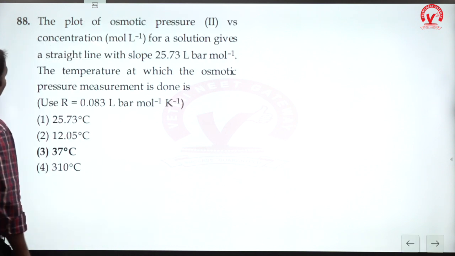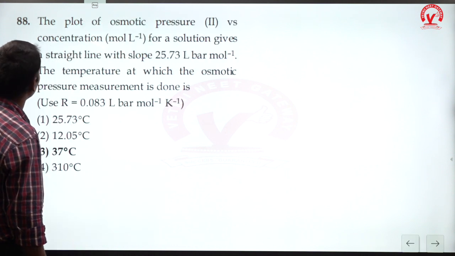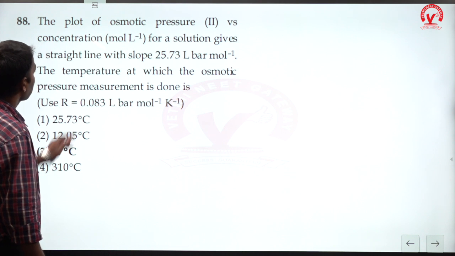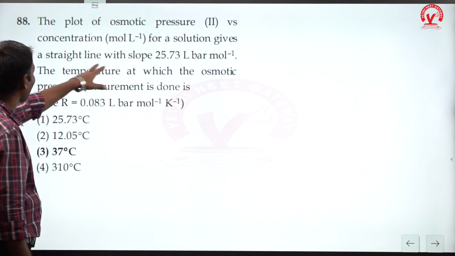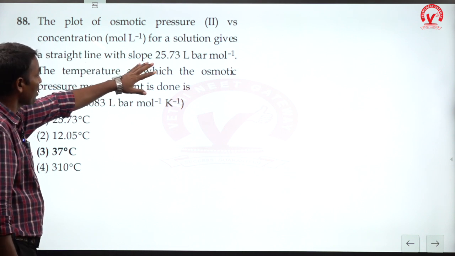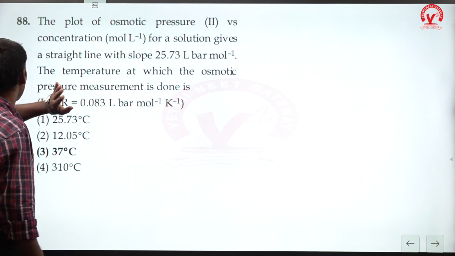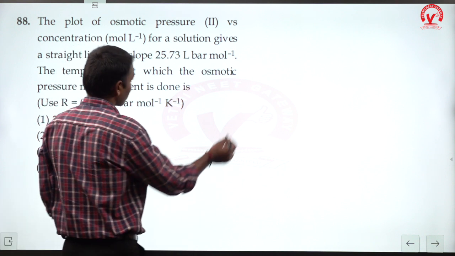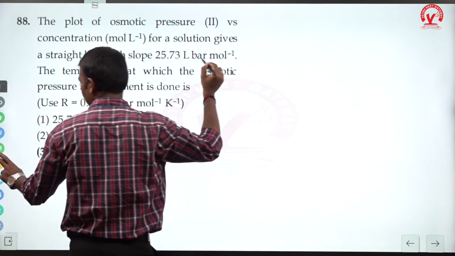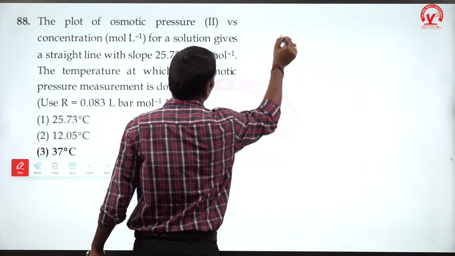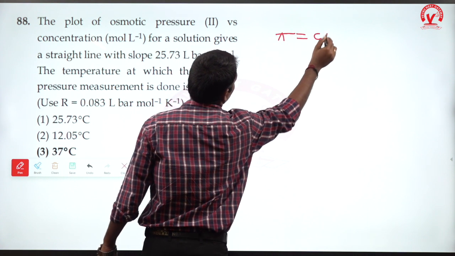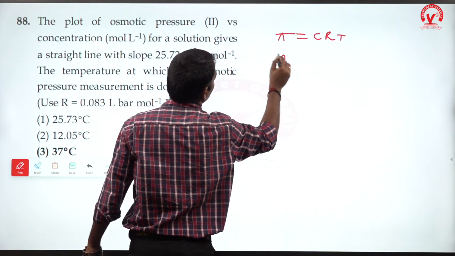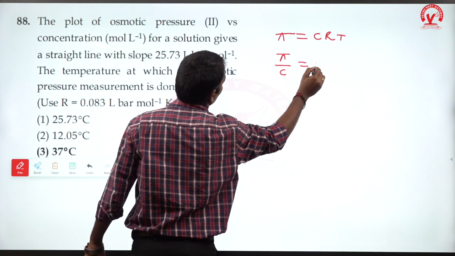Then question number 88. The plot of osmotic pressure versus concentration for a solution gives a straight line with the slope 25.73 liter bar per mole. The temperature at which the osmotic pressure measurement is done. Actually, the formula we have here, pi is equal to CRT. So pi by C is equal to RT.